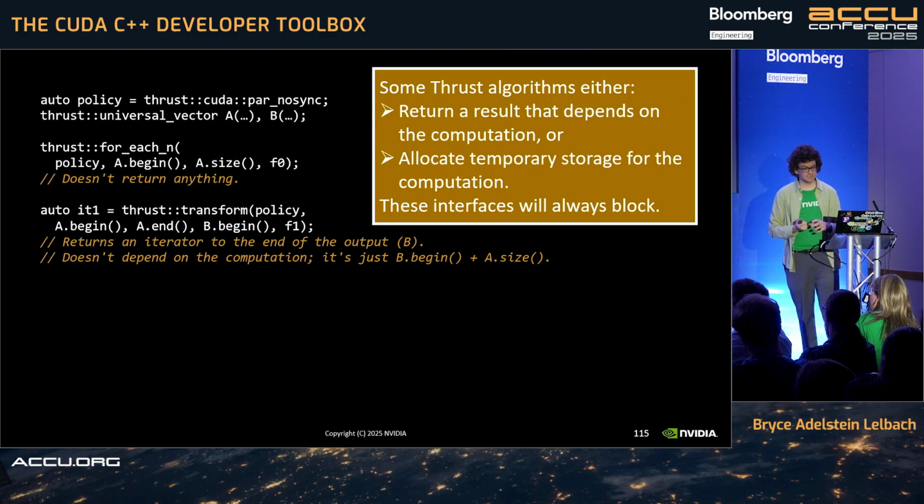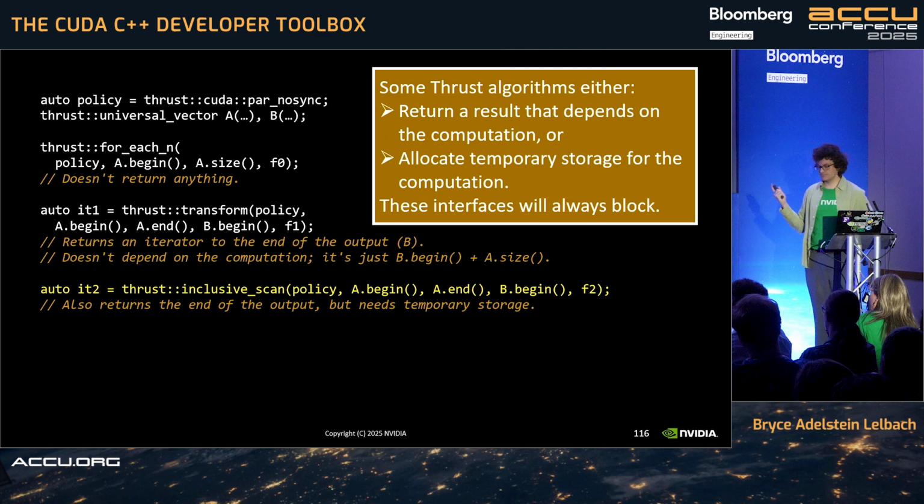So today, these interfaces will always block even with the par no sync policy because they have to. So for example, inclusive scan, it returns an iterator to the end of the output. Now, this doesn't depend on the computation because we can just compute it beforehand by incrementing the output iterator by the size of the input. Thrust only takes random access iterators, so this is perfectly fine.